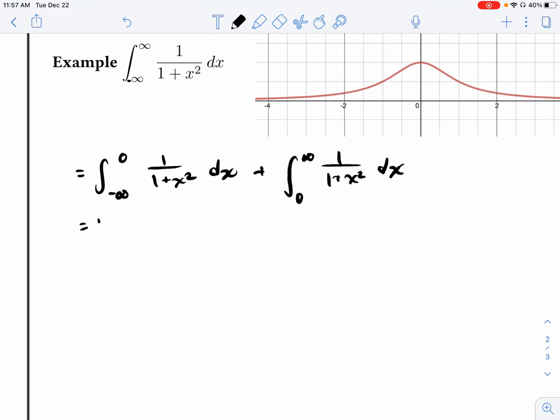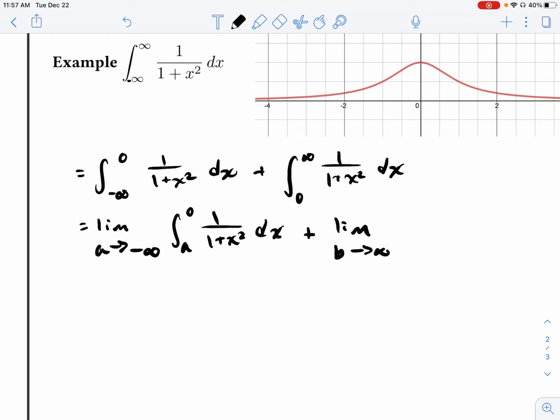So we're going to say the limit as a approaches negative infinity from a to 0 of 1 over 1 plus x squared, right? So we're looking at this as the lower bound is negative infinity, plus the limit, this time again using a different variable, from 0 to b of 1 over 1 plus x squared dx.